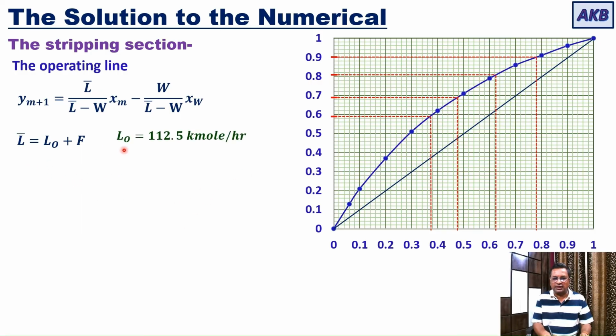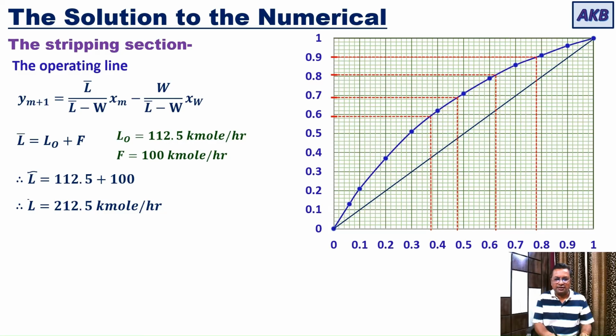Now let us get L bar. L0 is 112.5 kilomole per hour, which we obtained previously. F is 100 kilomole per hour. That gives us L bar as 112.5 plus 100, which is 212.5 kilomole per hour. Now W is 62.5 kilomole per hour.